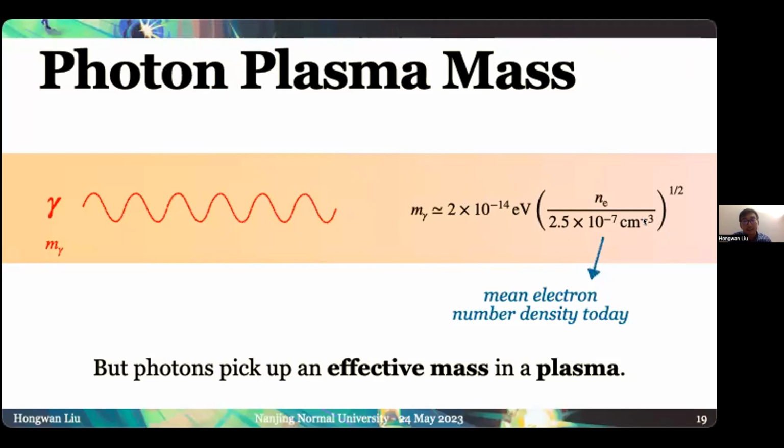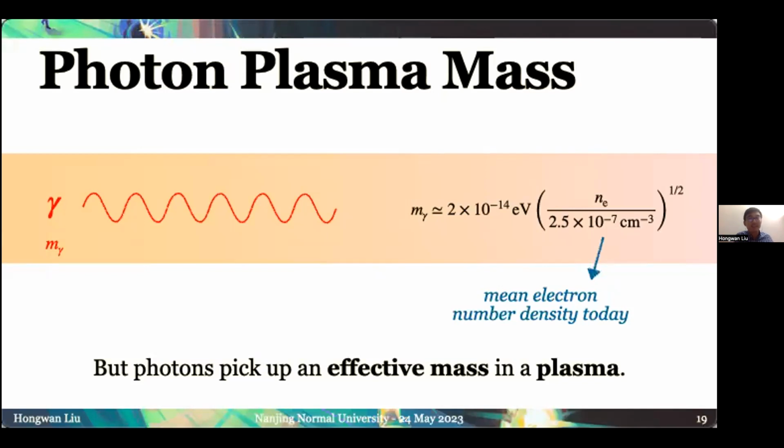If we put in some characteristic numbers, for example, the mean electron number density today, n_e, which is roughly 2.5 times 10 to the minus 7 per cm cubed, we end up with a plasma mass of something like 2 times 10 to the minus 14 eV. So this is an effective mass that a photon has in the plasma in outer space.